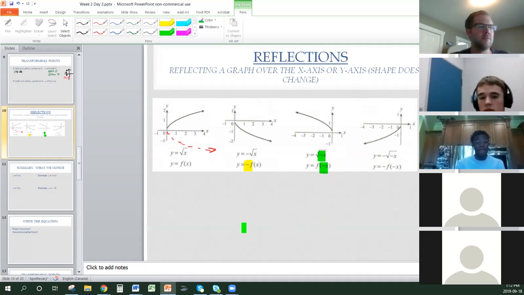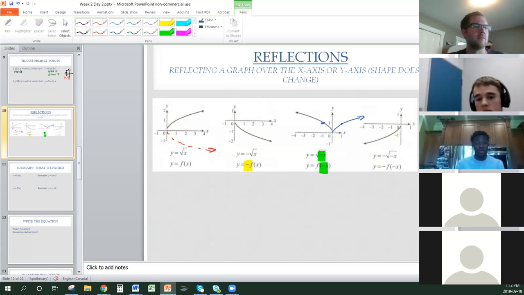And the reason for that is because anything inside the function, anything directly affecting the x, like right here, is actually making all of the x values negative. So if here was our original, it's now making this positive 1 negative 1.